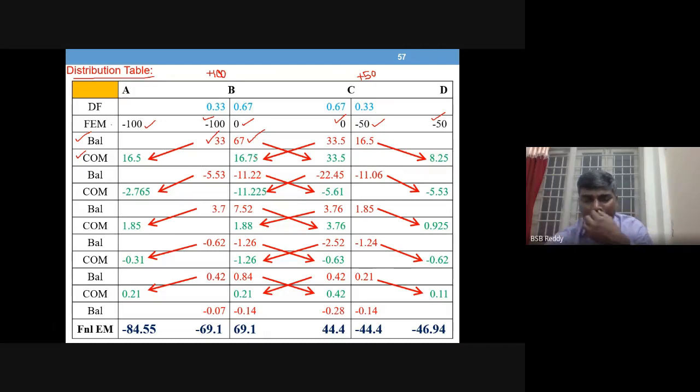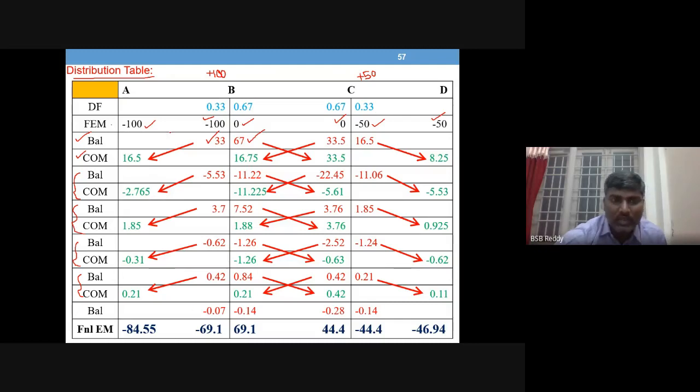A and D are fixed, and B and C are assumed rigid joints. We continue balancing and carryover, balancing and carryover, till the difference becomes almost negligible.